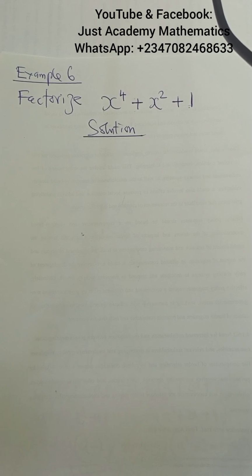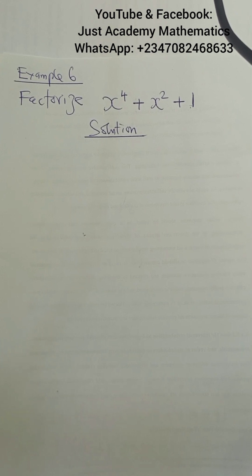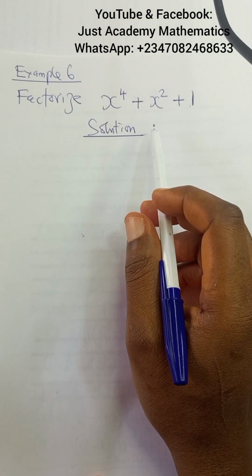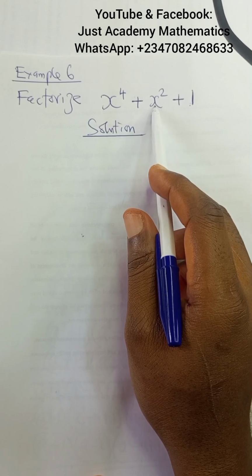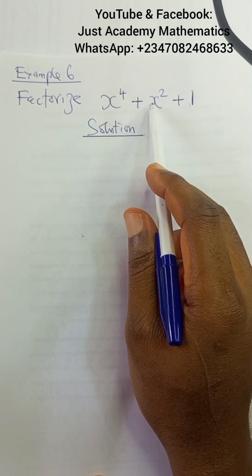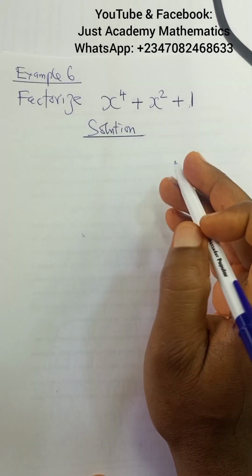So the question now is, what exactly do we do? This one is a bit technical, but I'll tell you what we are going to do. What we are going to do is that we are going to replace this number here, this s squared, with 2s minus 1. And I will tell you why.